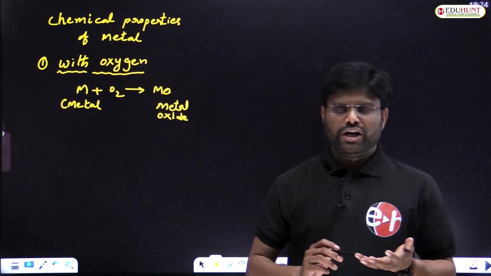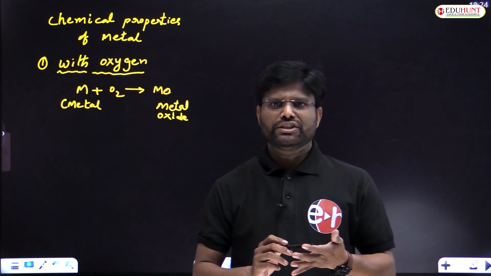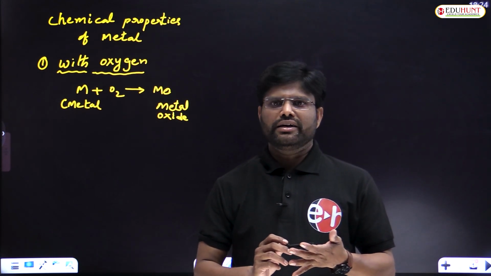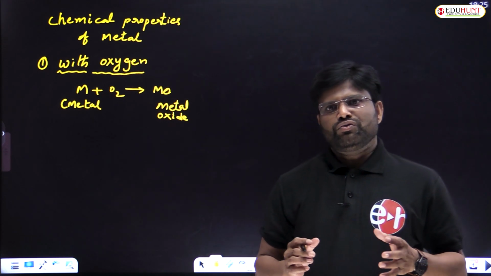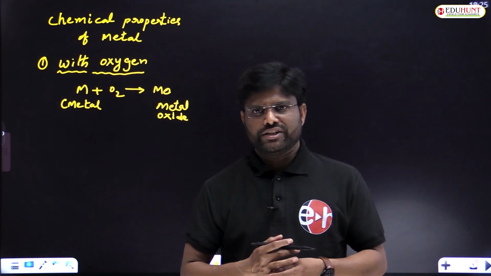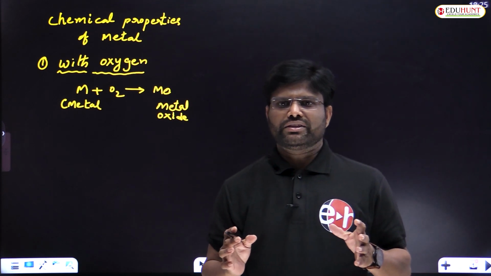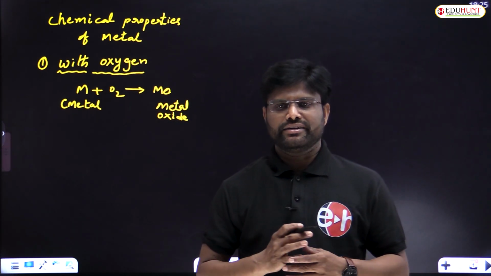Potassium, sodium, calcium, magnesium, aluminium, zinc, iron, lead: these metals will react with oxygen to form their oxides. But all metals don't react with oxygen at the same speed or rate.